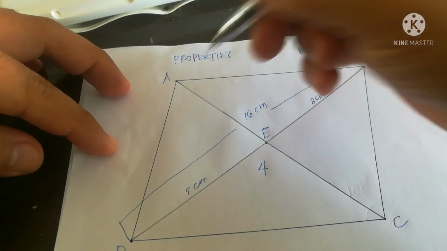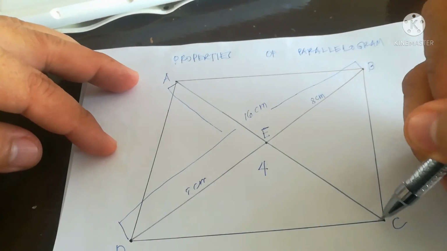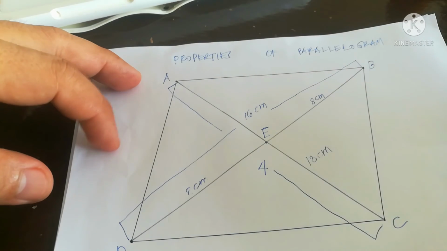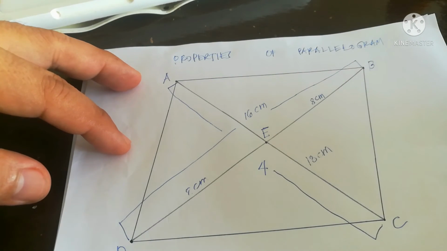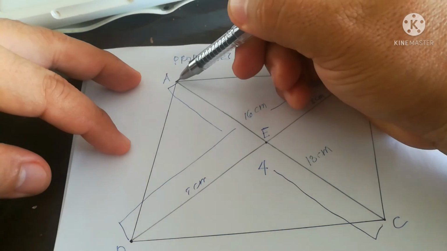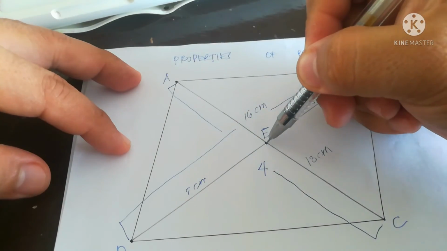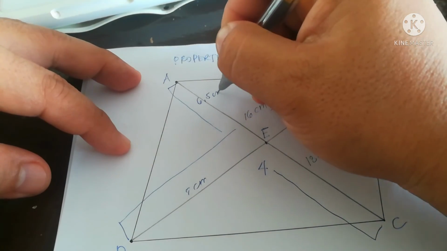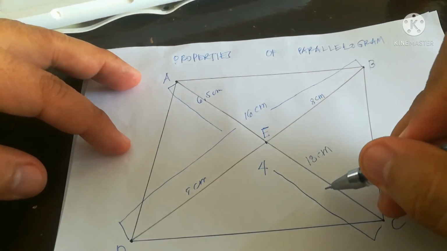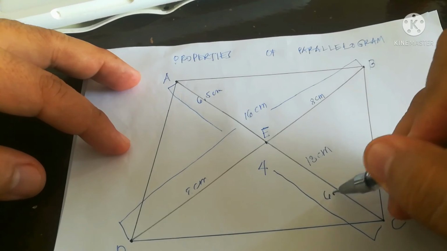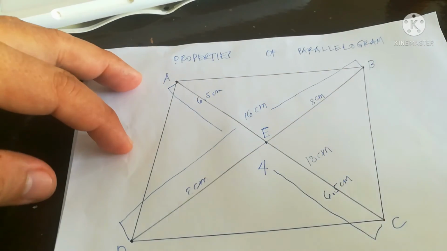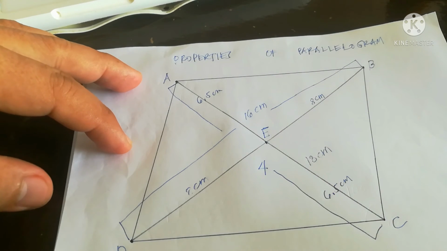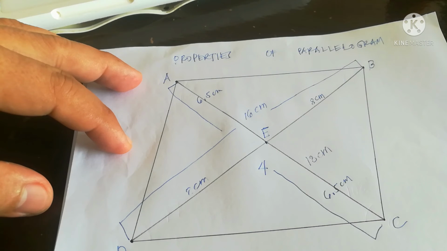If the measure of diagonal AC is 13 centimeters, what is the measure of the segment AE? Yes, this is 6.5 cm. Likewise, EC is 6.5 cm, since the diagonals of a parallelogram bisect each other.